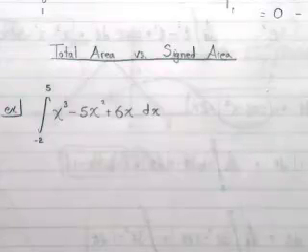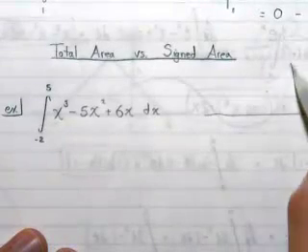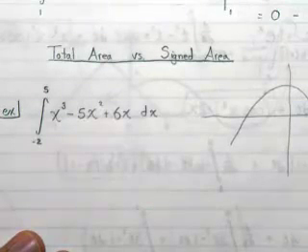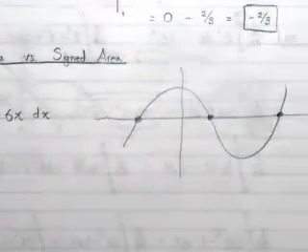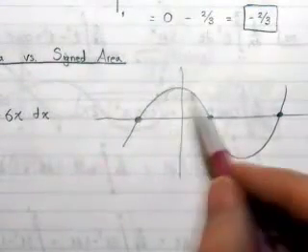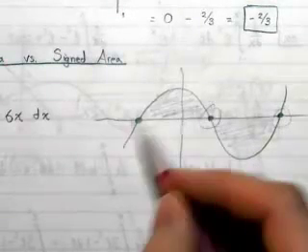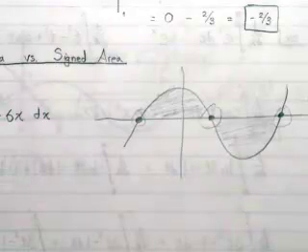What's in between all of those intervals? Zeros, yeah. If it's going to be above, then below, then above, I need to know where those zeros are, because then I can split it up. Here's a part below, but it's these zeros that are giving me those intervals. So I need to do that first.